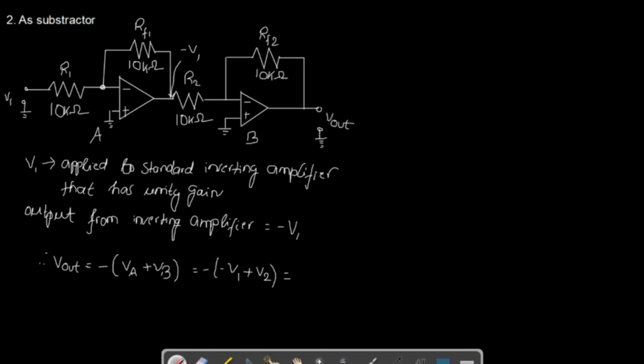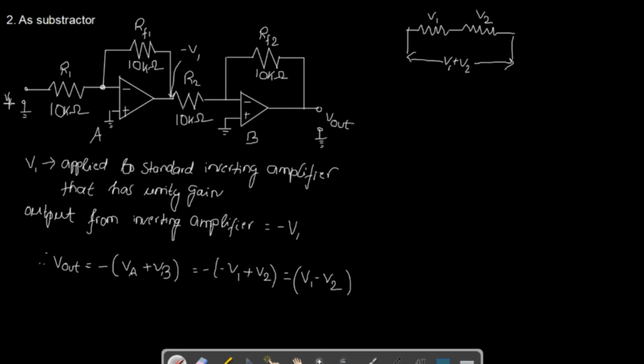So understand this. If you just take it simply, it is going to be V1 minus V2. So we are basically subtracting two voltages, so you can find out the difference between these two voltages. The idea is simple. If you have two resistors, something which you already know, and the voltage drop across this is V1 and the voltage drop across this is V2, then the total voltage drop is V1 plus V2.